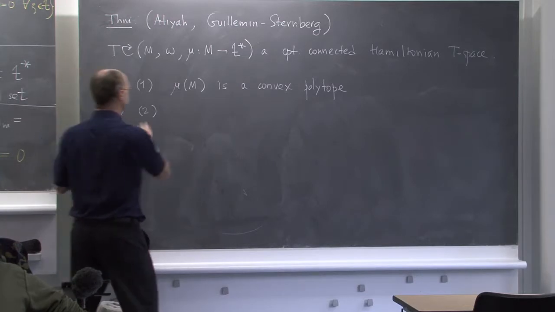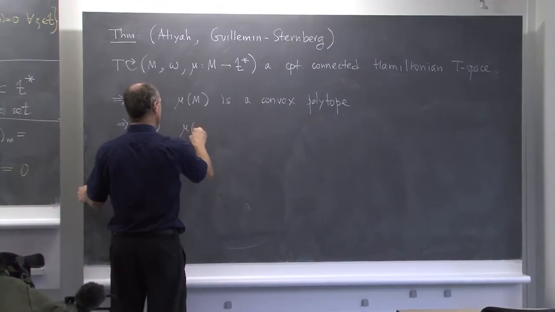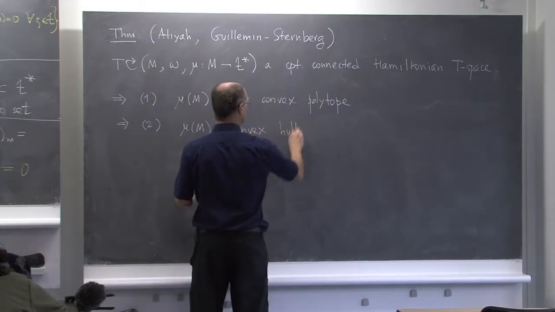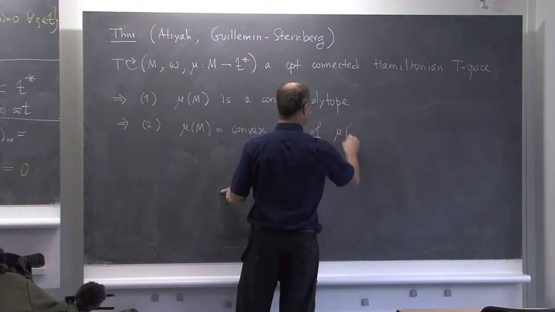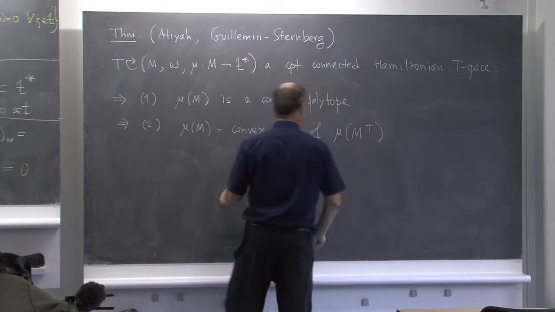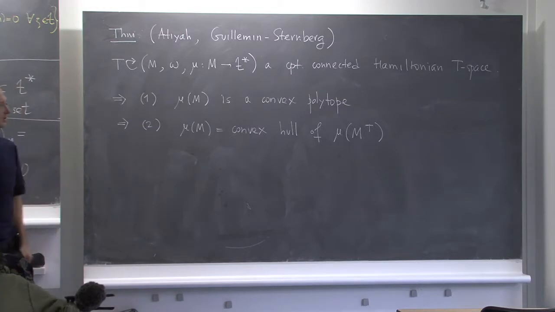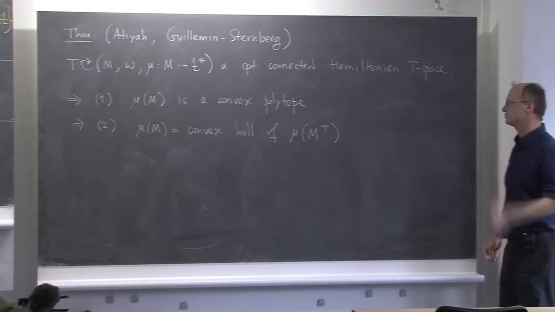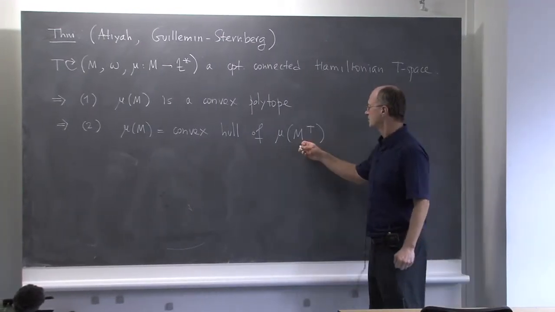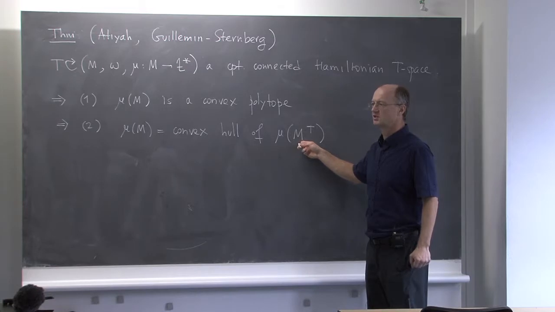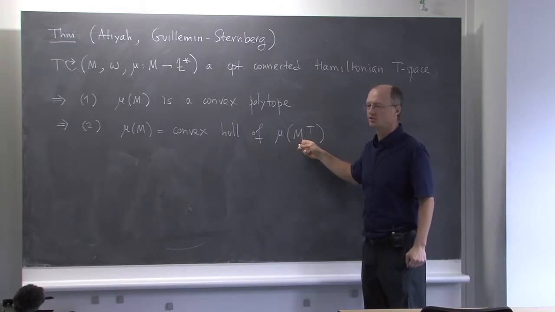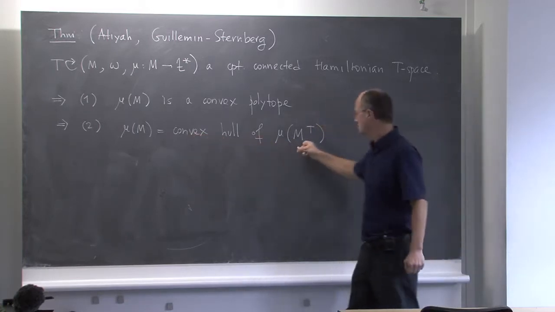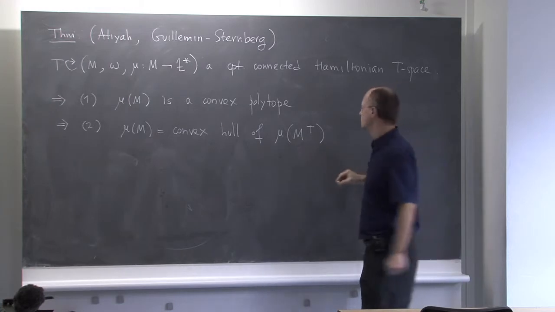And second, mu of M is the convex hull of mu of M^T, meaning that one can say this is the minimal convex subset which contains mu of M^T, or this is the set of all convex combinations of points in mu of M^T.